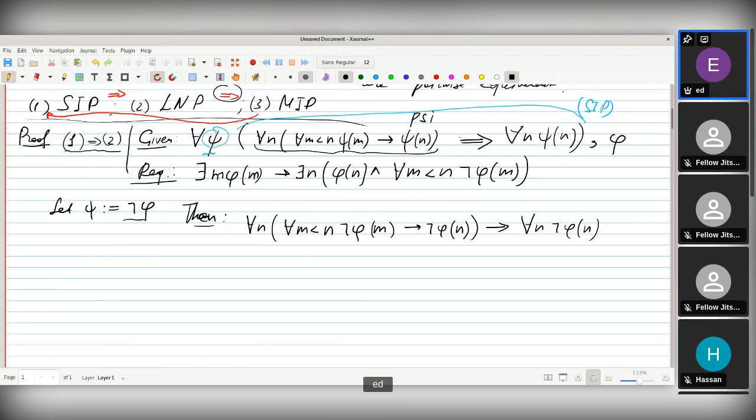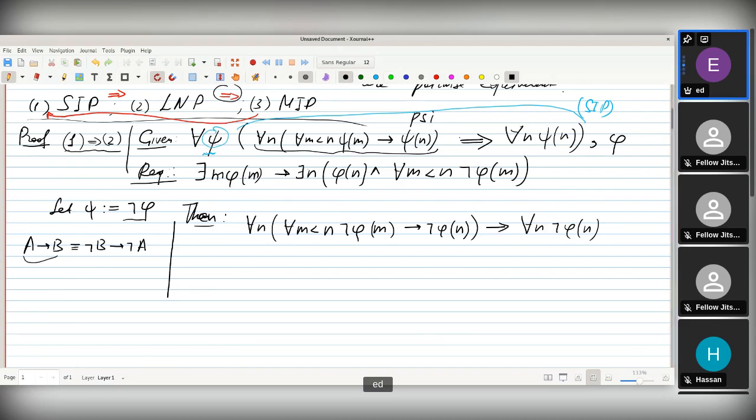Interesting. And now look, let's do some logical transformations. We know that A implies B is logically equivalent to not B implies not A. Do you remember? You can check it using a truth table. When is this one false?